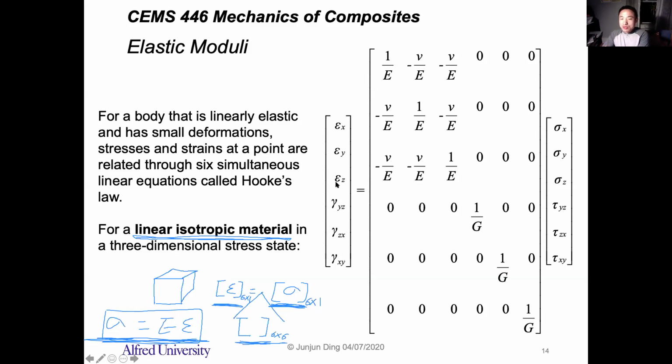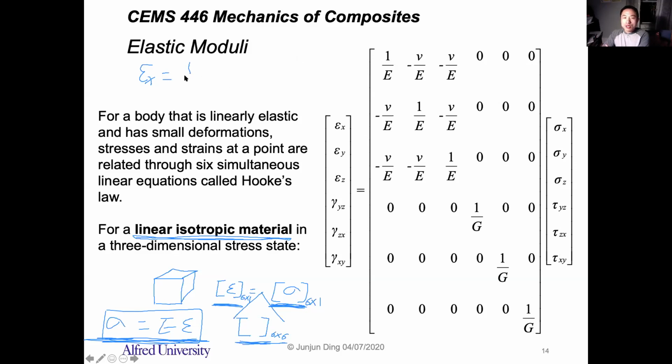So if you expand this, you can get the normal strain of X equals this row times this column, right?